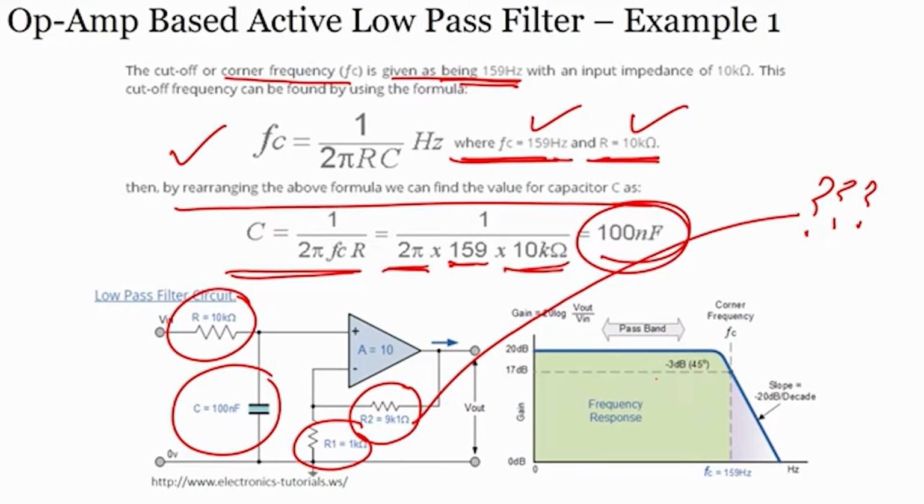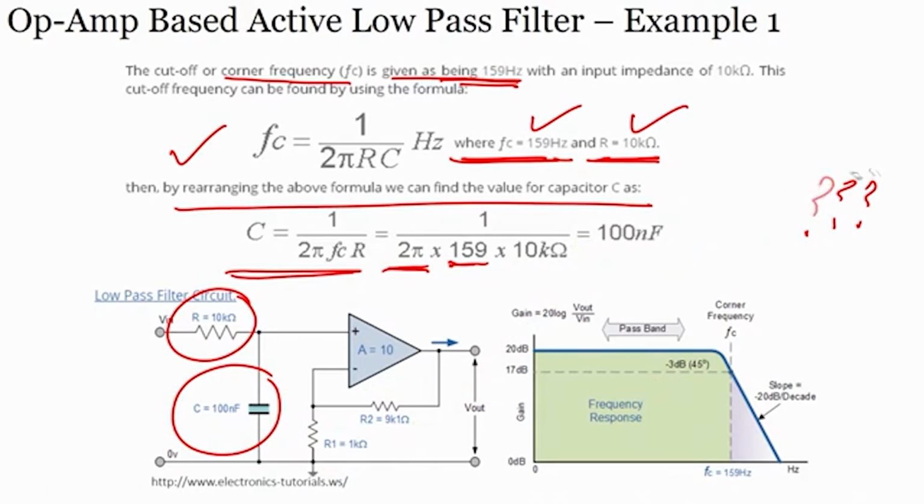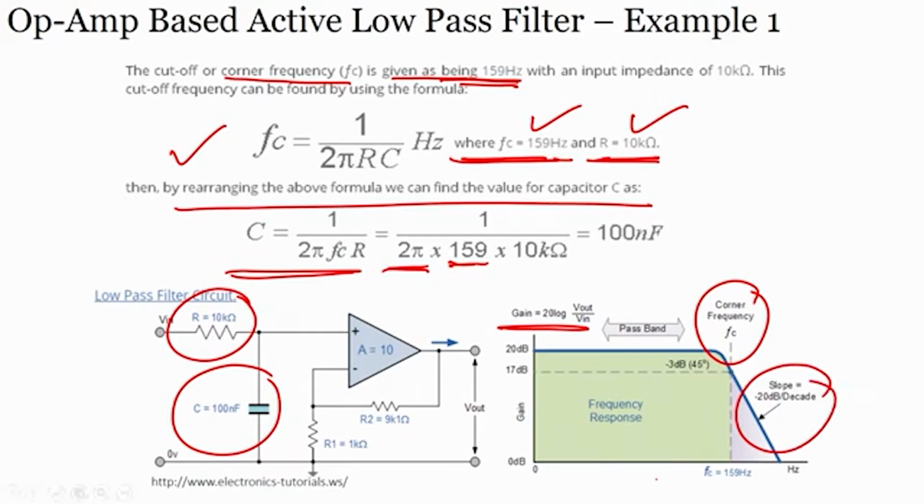When you see, if I draw the decibel gain versus frequency, the gain in decibel will be 20 log V out by V in, and I will have the cutoff frequency somewhere here. I have a slope of minus 20 dB per decade. You know that if I use 1 RC or single pole, I have minus 20 dB.